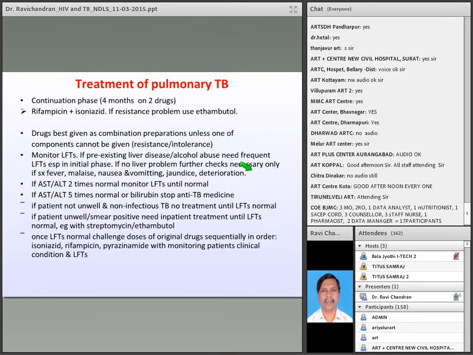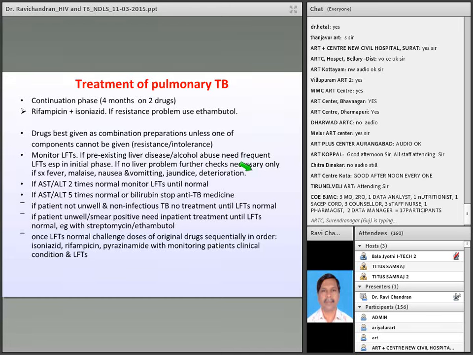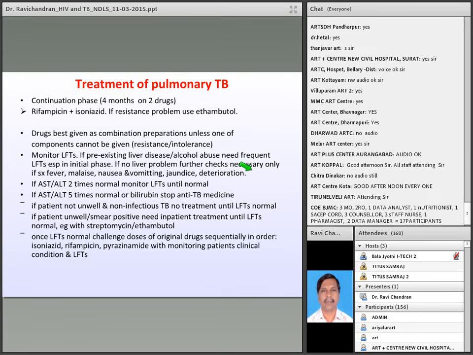The LFT should be monitored as the INH and rifamycin are hepatotoxic. If no liver problem, we need not have a baseline liver function test.